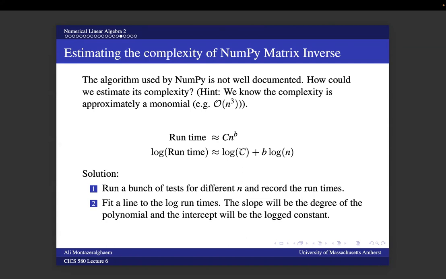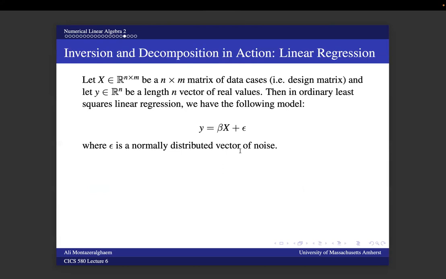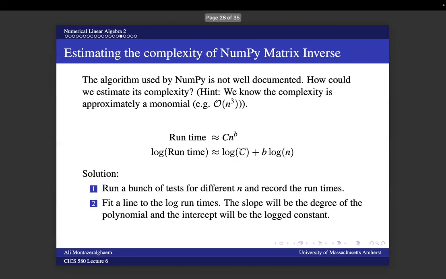So with this solution, we can find the complexity of NumPy for computing matrix inversion. Mostly b should be between 2 and 3 because NumPy is faster than Gauss-Jordan elimination.